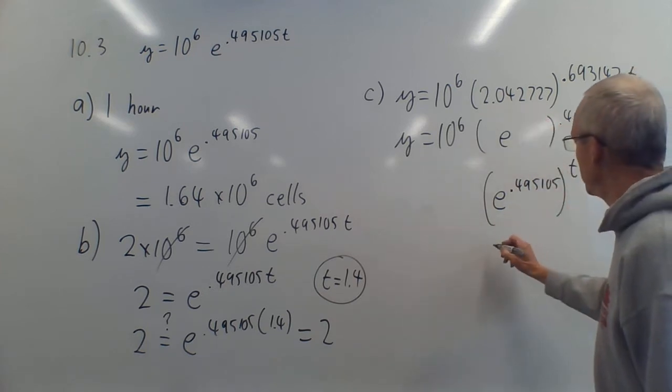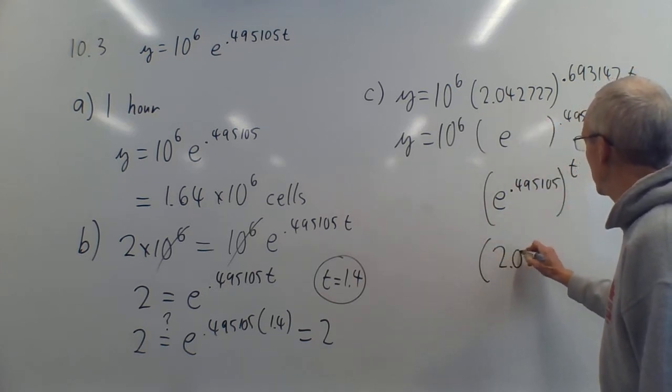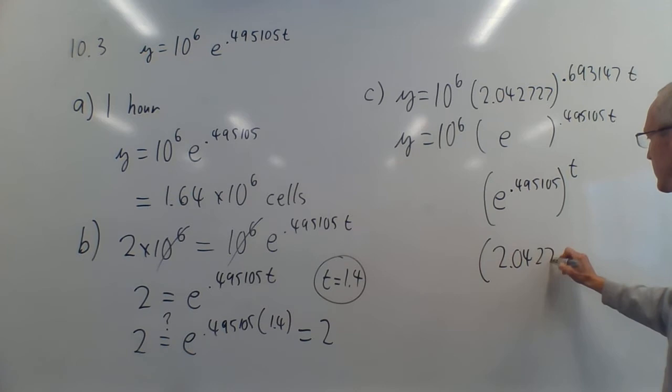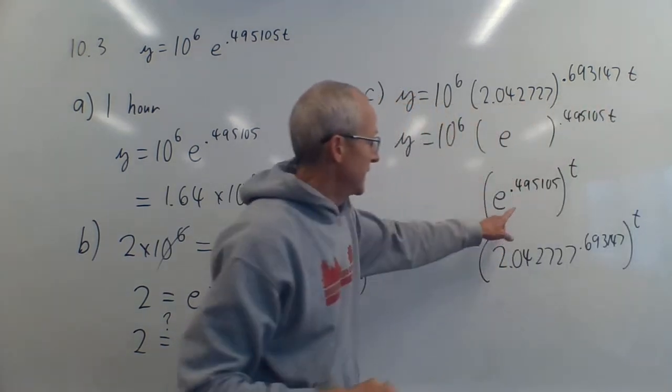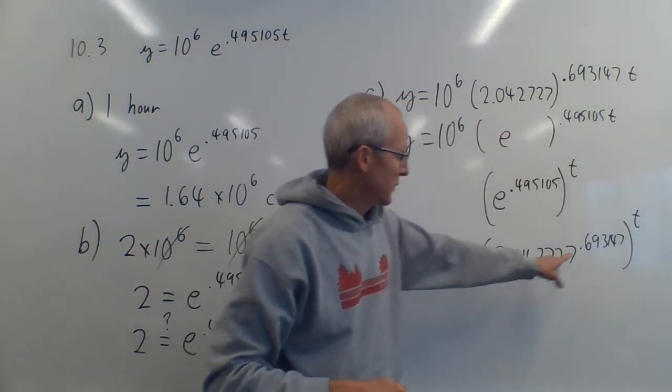And this thing up here is the same as 2.042727 to the 0.693147 to the t power. Because again, you multiply powers, so we can just put the power on the outside. So the question is, is e to that equal to this number to that number?